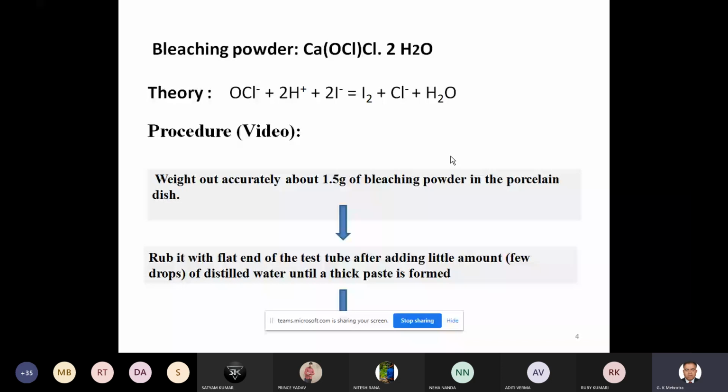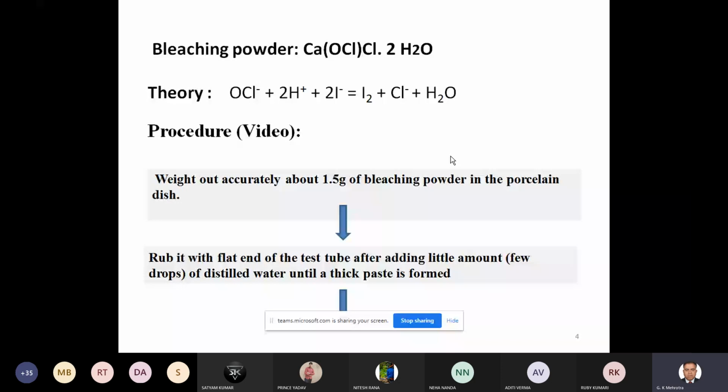So just by rubbing it, making a very fine powder with a little amount of water, a paste, the bleaching powder is transferred into a volumetric flask with the help of a funnel and glass rod.